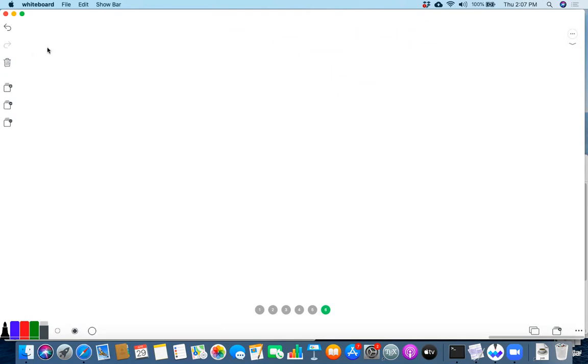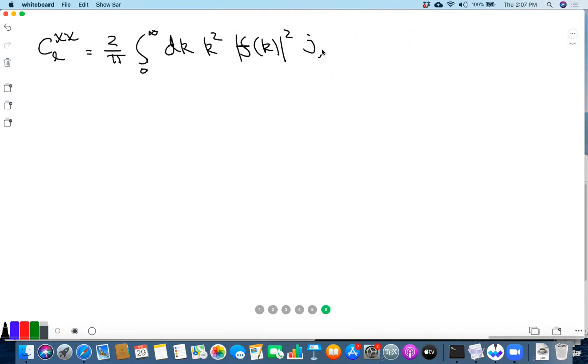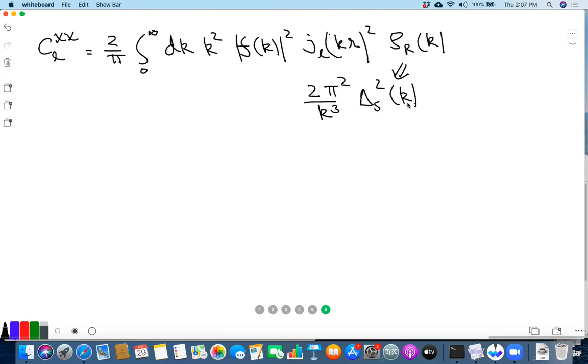Okay, so let me then go back again, C_L^{χχ}. And P(k), if you remember, we had labeled it as 2π²/k³ Δ_S²(k).